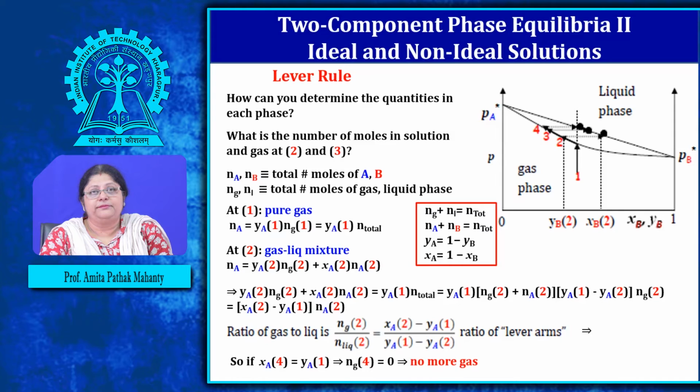Since it is shaped as a curvature, like a bow, you will have two intersections, and one will give you the vapor fraction and the other will give you the liquid fraction.